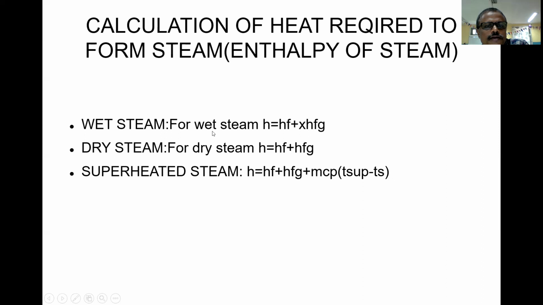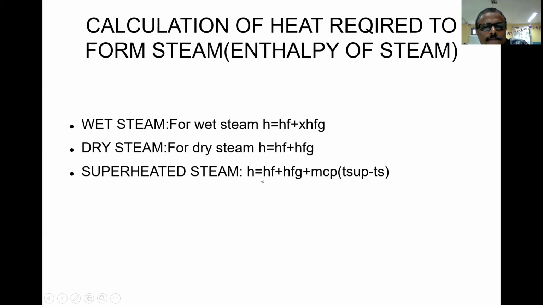So for conversion to wet steam, this equation is to be used. If it is dry steam, H is equal to hf plus hfg. The value of x is equal to 1 for dry steam. So this x is equal to 1. Therefore, I write H is equal to hf plus hfg.